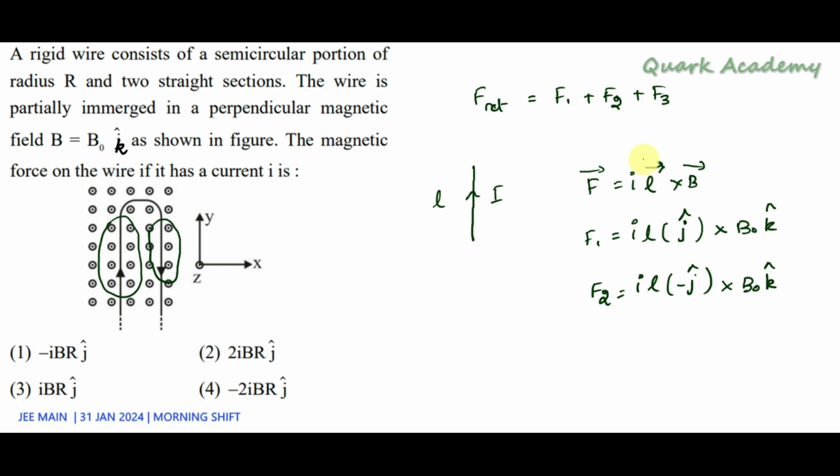When we add them, it is going to become 0. So F1 plus F2 is 0, and we are left with only F3, the semicircular portion. So net force is equal to F3.